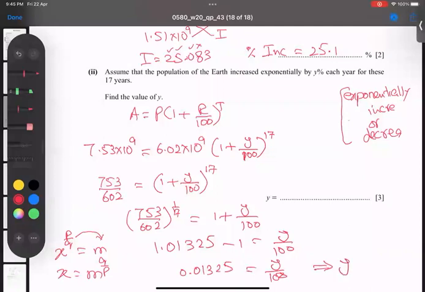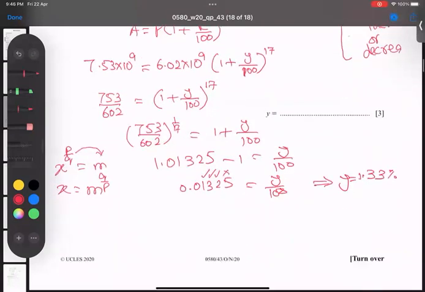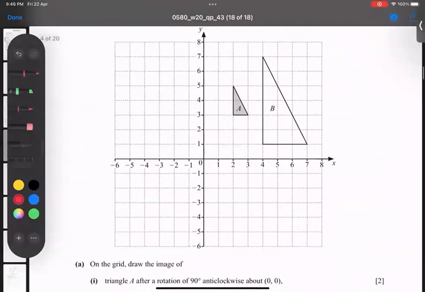So the answer becomes 1.33. How come? Because 1.325, I don't want, so we say 1.33. It is a percentage which increases. I hope the point is very clear. Let's talk about the next page.